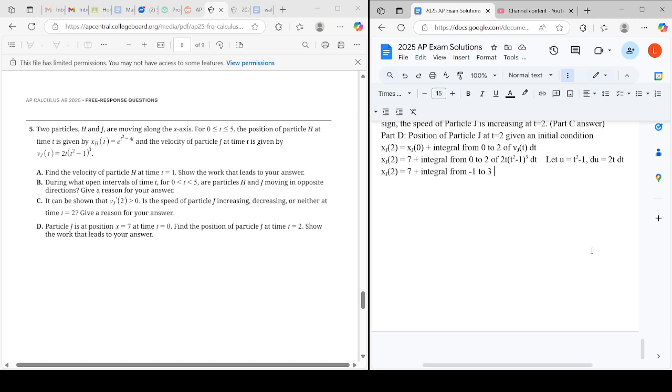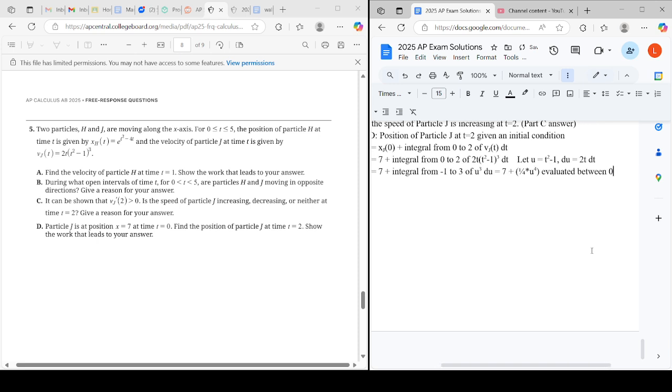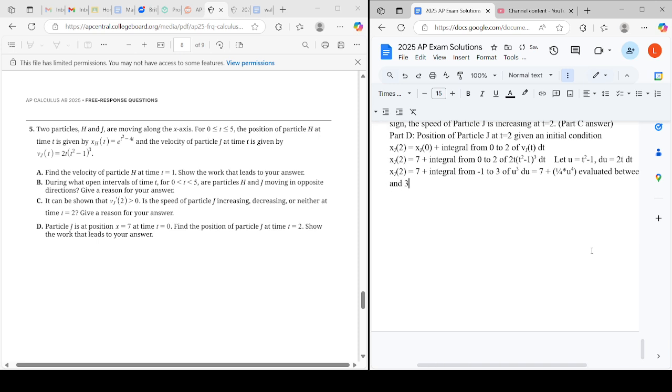So this would give you u cubed du, and this equals 7 plus 1/4 times u to the 4th evaluated between -1 and 3. So this would be 7 plus 81 over 4 minus 1/4 equals 7 plus 80 over 4 equals 7 plus 20, and this gives us 27 as the part D answer.